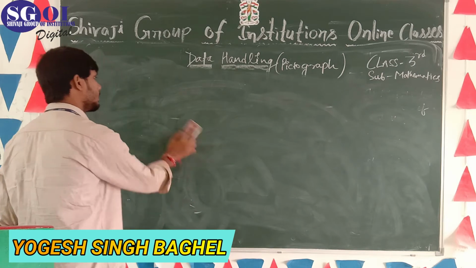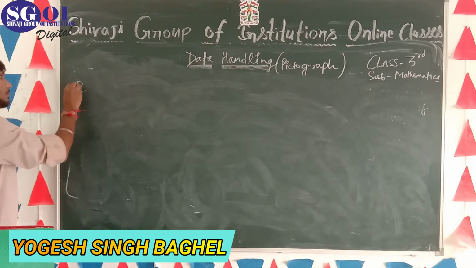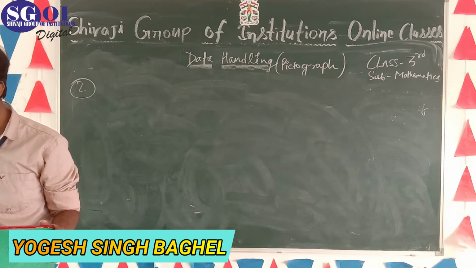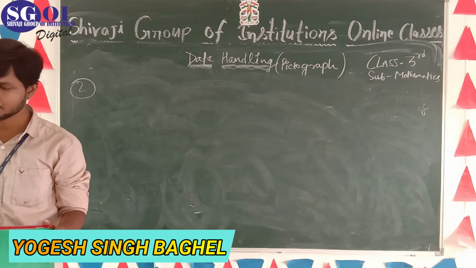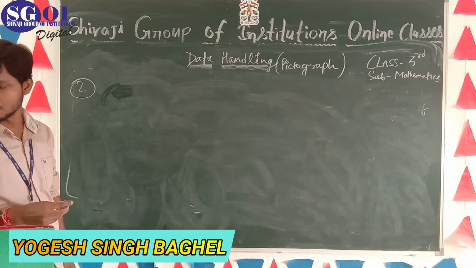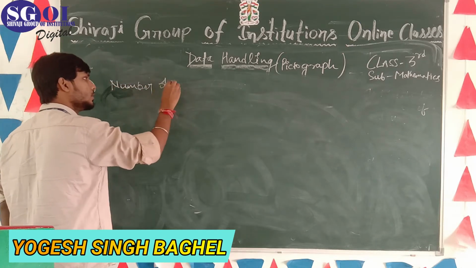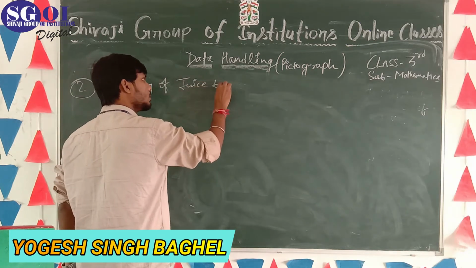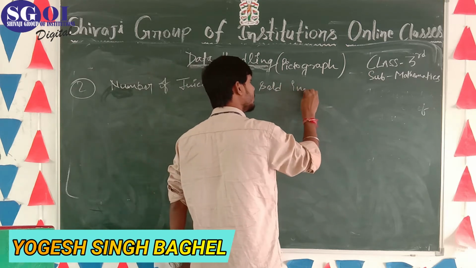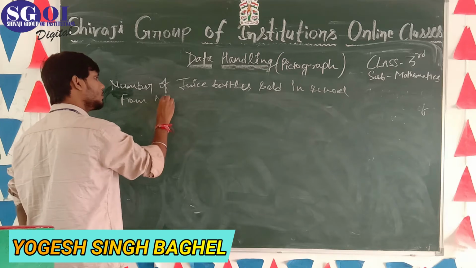Now the following pictograph shows the number of juice bottles sold in a school canteen from Monday to Friday.